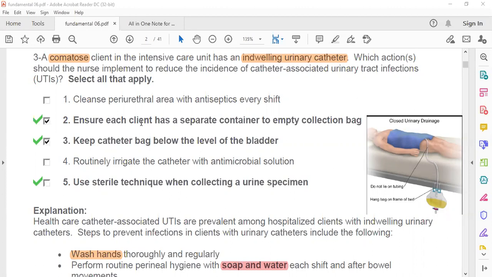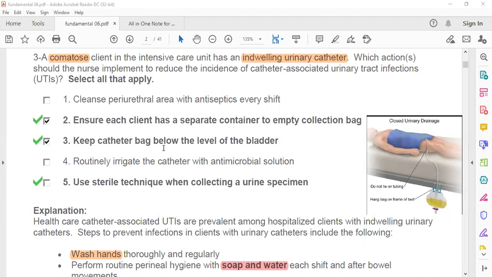Ensure each client has a separate container to empty the collecting bag. It makes sense. If we use the same container, it will be easily contaminated. So we must use a separate container to empty the collecting bag.